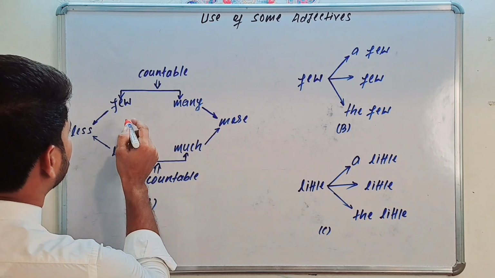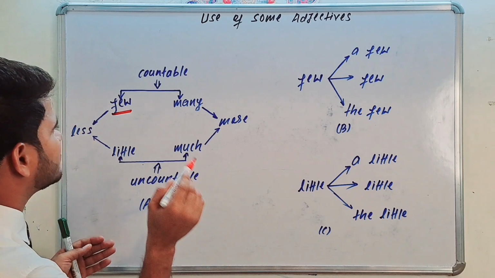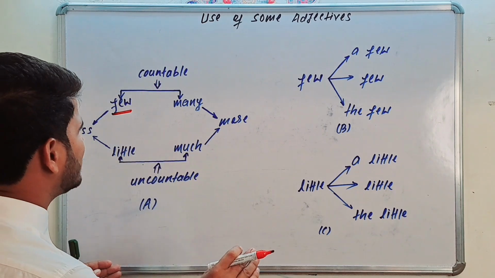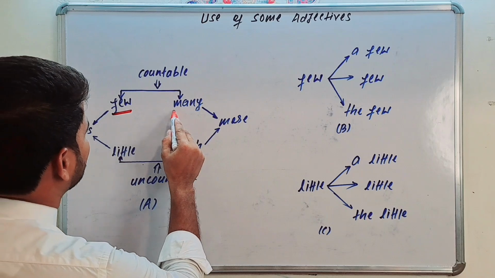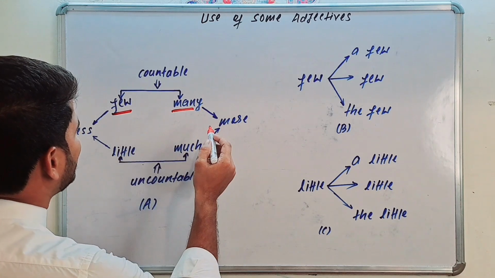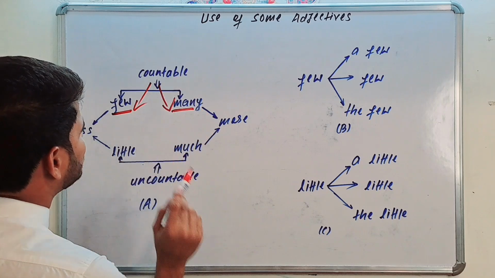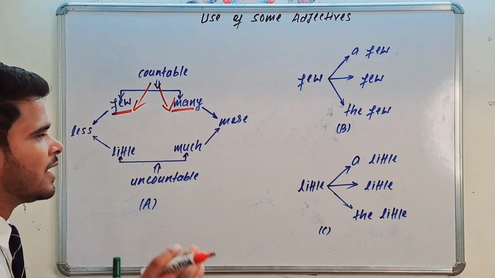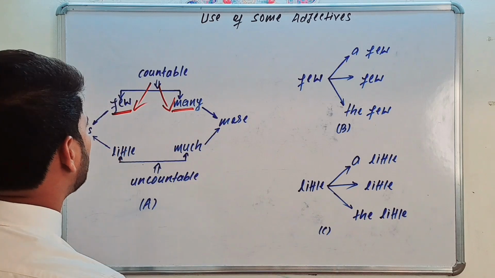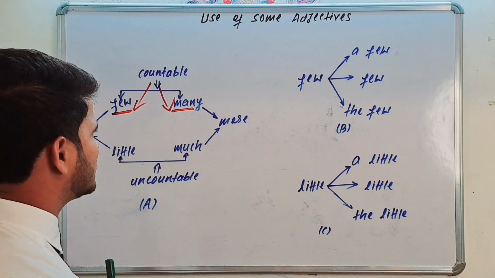And here see, few is only used with countable nouns. Keep in mind, few and many are only used for countable nouns, which can be counted, like few people, many people, few students, many students.